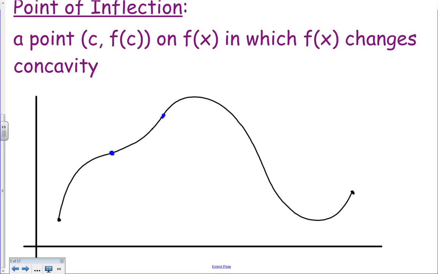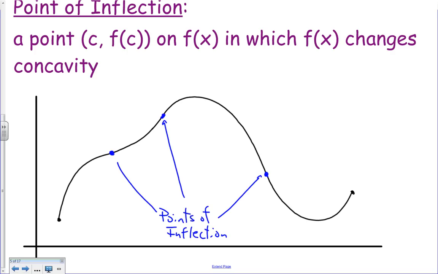And then it continues being concave down until about right in here somewhere, and it changes concavity again to being concave up. So these are points of inflection. So here's one, and here's the other one. Those are points of inflection.